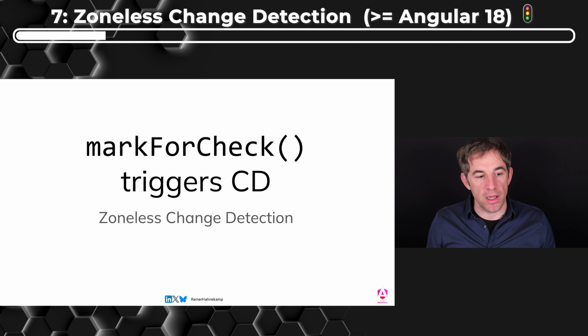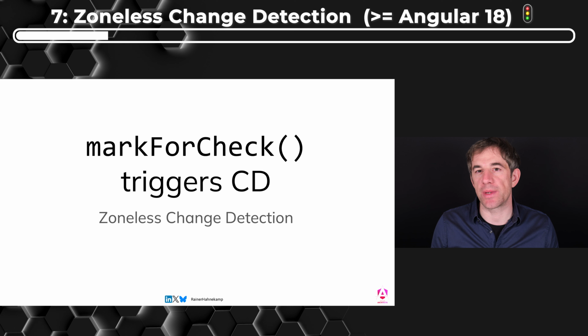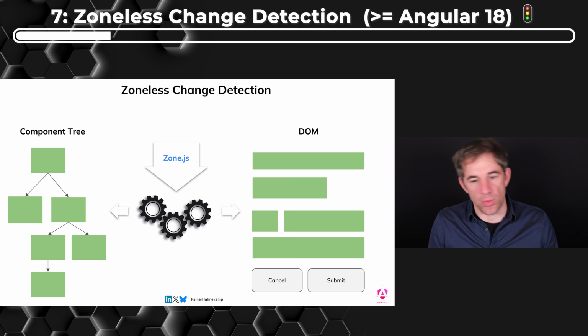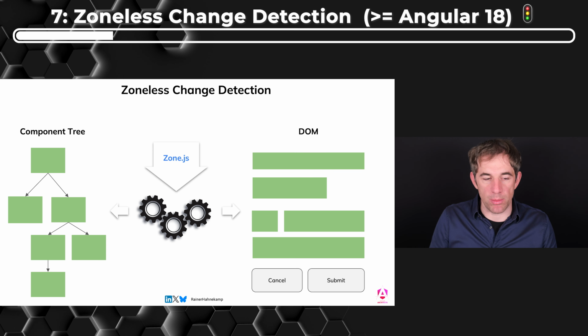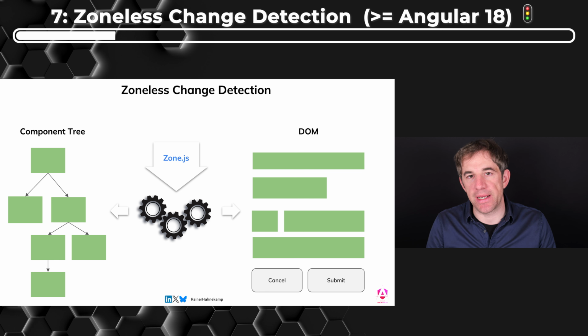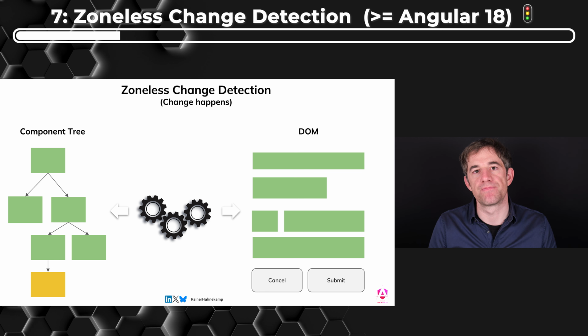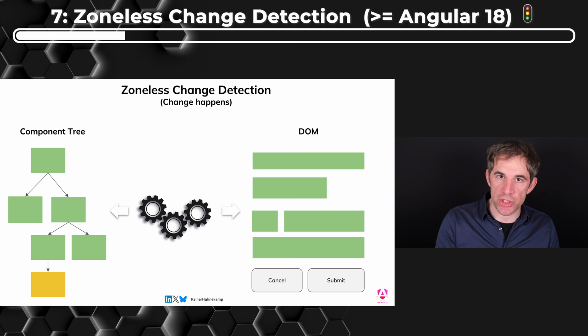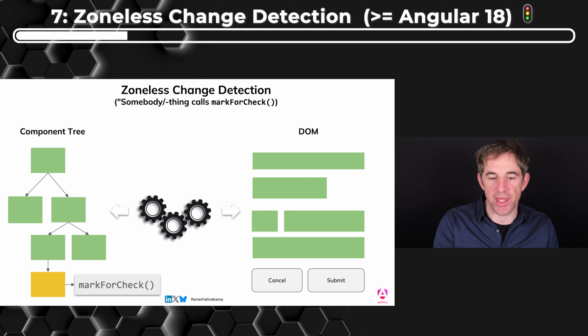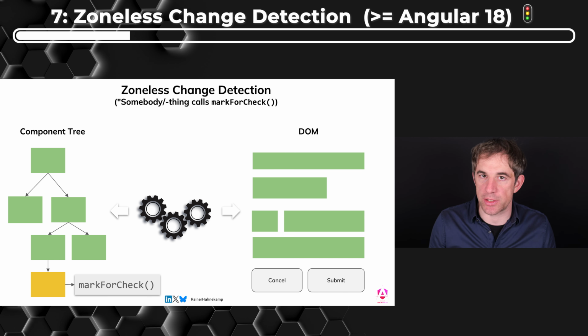So, coming back to the illustration we had before, I could say, well, component tree, DOM, I just eliminate zone.js, I just remove it. A change happens somewhere in my component. And now the question is, is this a change which would trigger markForCheck, which would do the dirty marking?